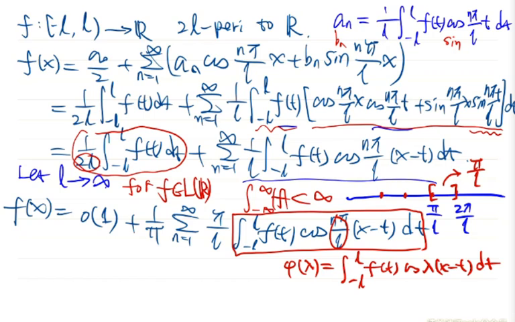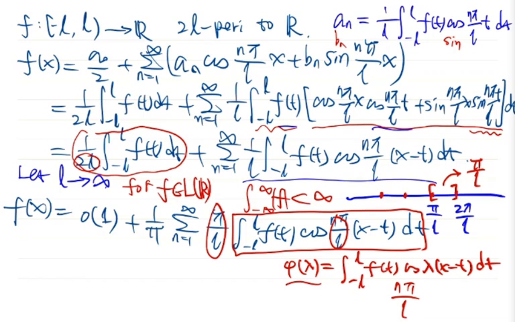So this is a function of lambda. Now this infinite sum can be considered as the value of phi at the point lambda equal n pi over L, that is the partition point we chose, multiplying the length of the interval, pi over L, then summing up. So roughly speaking, this is an integral.